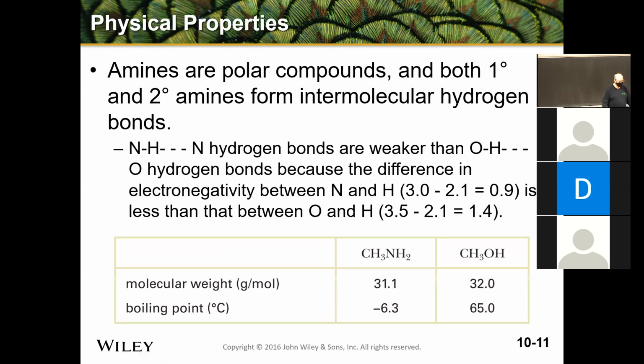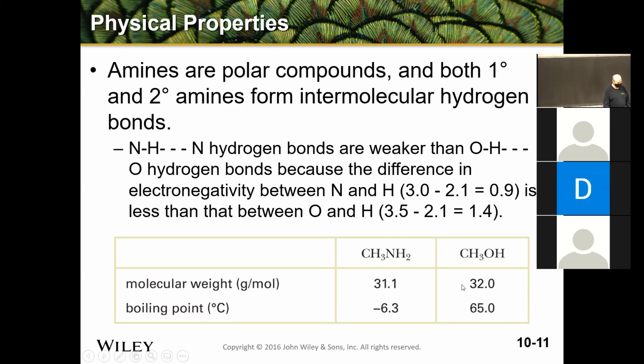All right, amines are polar compounds. Okay, nitrogen has a high electronegativity, but not as large as oxygen. So nitrogen does exhibit hydrogen bonding, but the hydrogen bonds are weaker than OH hydrogen bonds. And that's illustrated in the difference in boiling points between methylamine and methanol.